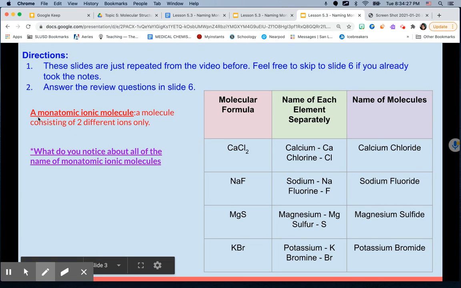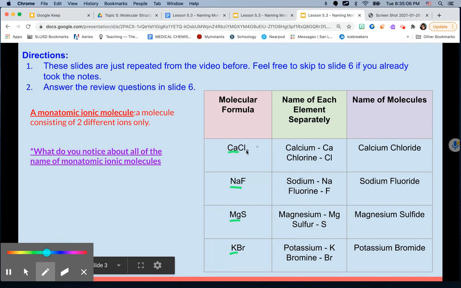All right, so let's first talk about what a monatomic ionic molecule is. It's a very long name for something pretty simple and straightforward. What this means is I have two atoms, or two different types of elements, that combine, and only two. If you notice, every capital letter is the start of an element, so Ca, Na, Mg, and K are all elements.